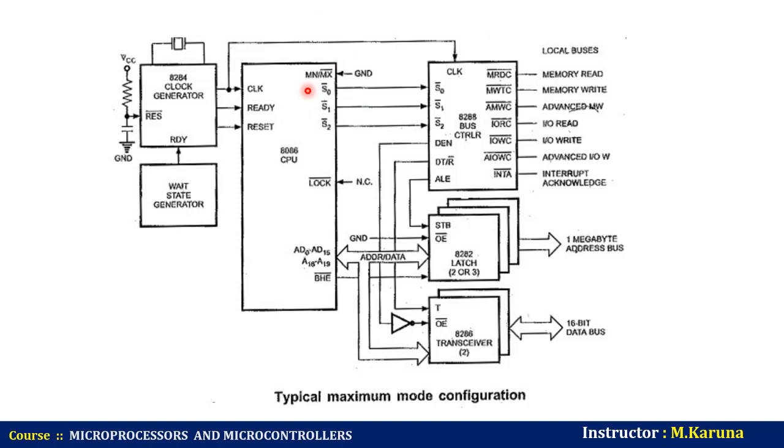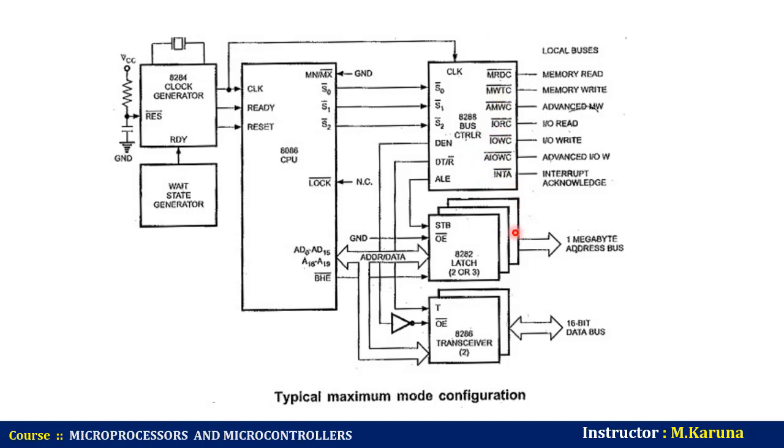Multiprocessing means it can perform multiple functions at a time with multiple processors. Whenever the min or max mode pin is connected to ground, the processor enters maximum mode, or multiprocessing mode. While performing multiple functions, it requires more buses. That's why, to control all the buses, a bus controller is required.